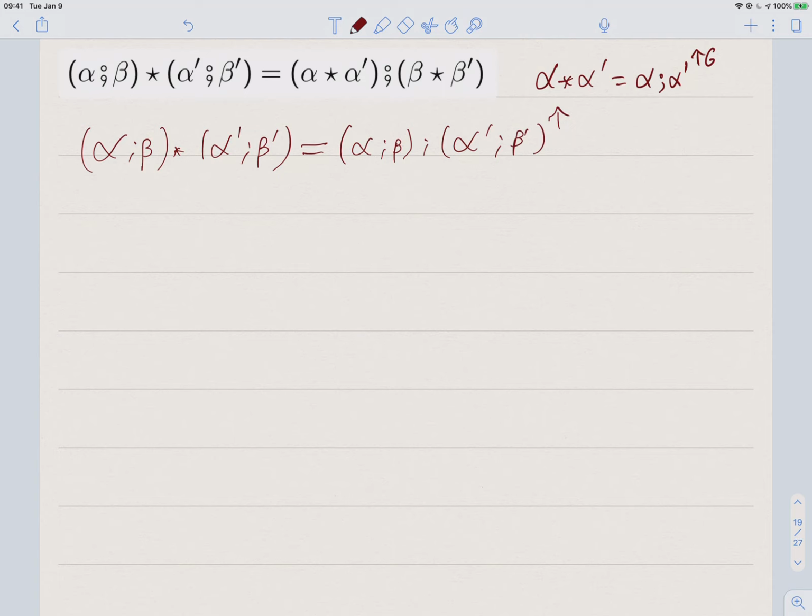And the other side, so that was the left-hand side of the law. And the right-hand side of the law is alpha prime lifted, beta prime lifted.